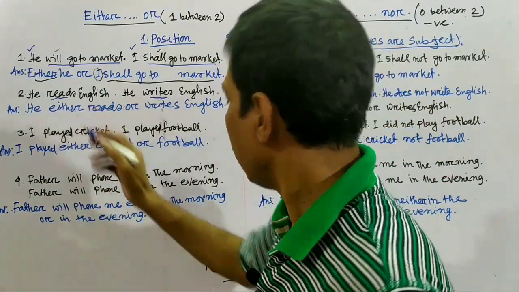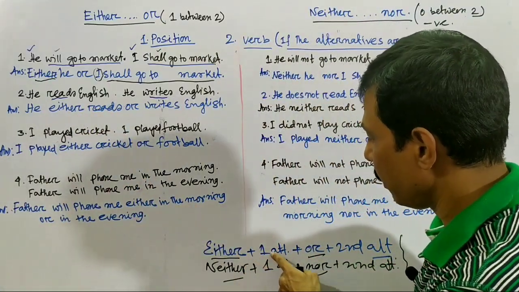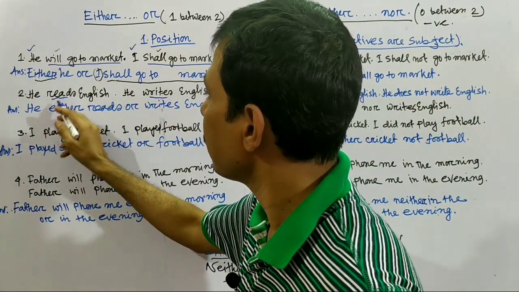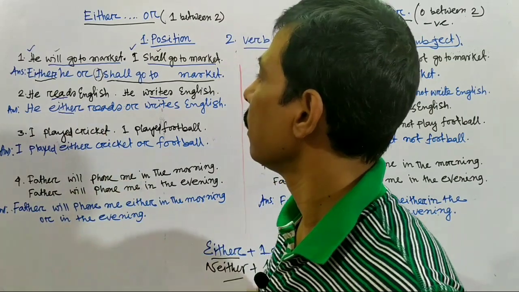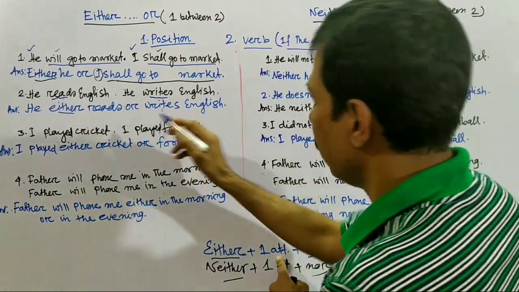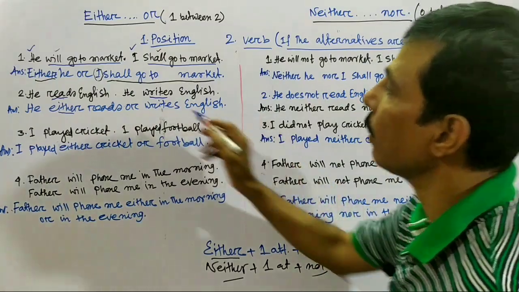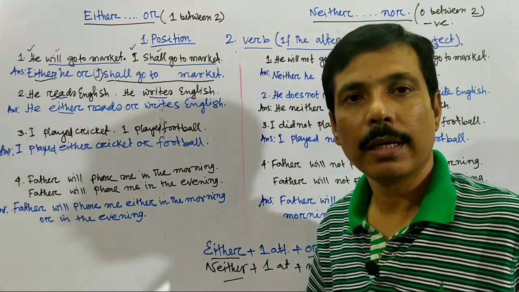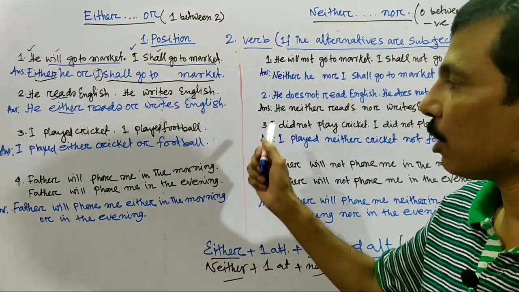So the rule is either plus the first alternative. Here the subject is he, the first alternative is reads, so here I use either. Then the first alternative reads, then or, then the second alternative writes, then the remaining part English. So it is the rule, you must follow it.